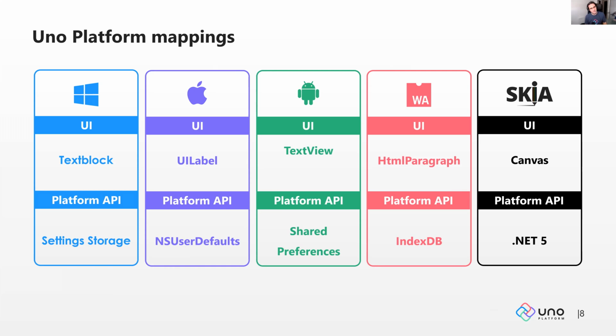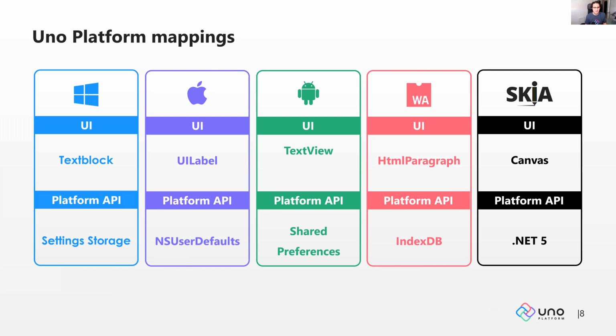Now, with regards to non-UI APIs, like settings, for instance. When we're talking about settings, you have an application that needs to store settings, let's say the current username that is logged into your application, so that the user doesn't have to enter it again when coming back to the application. Then you want to use that setting storage, and every platform has its own way of storing settings.